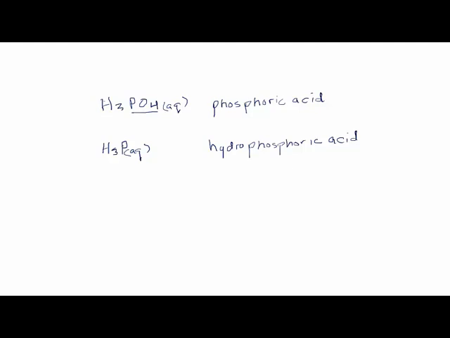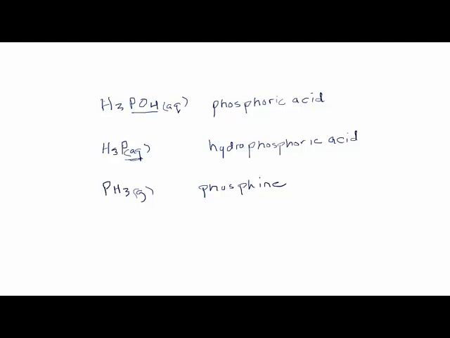And we call it hydrophosphoric when it is dissolved in water. If it's just PH3, not dissolved in water, that actually has a common name called phosphine, which is a poisonous gas.